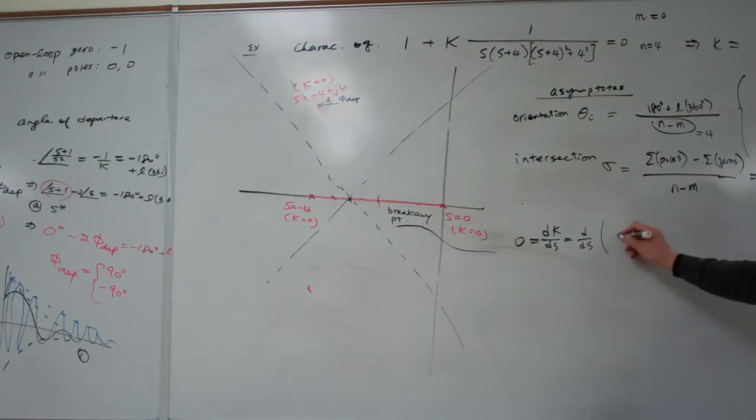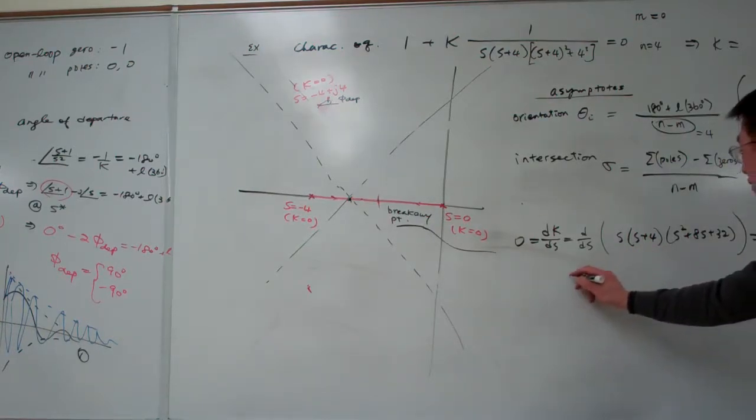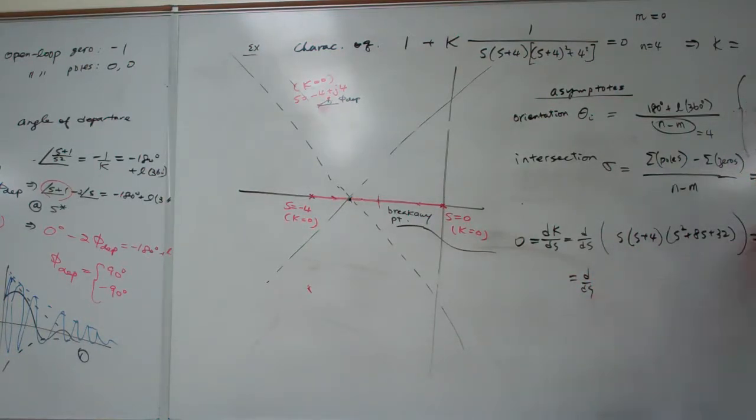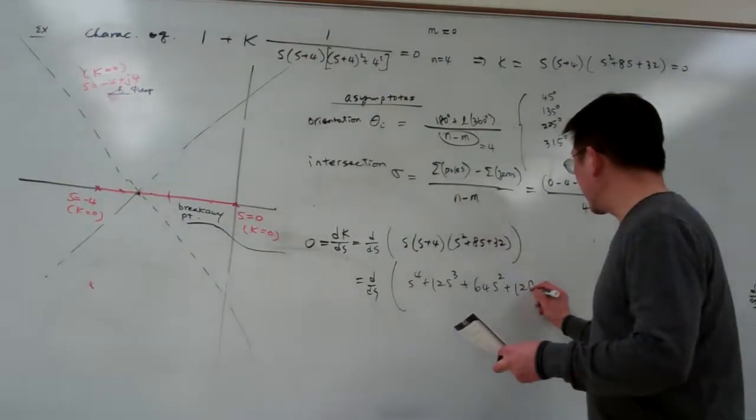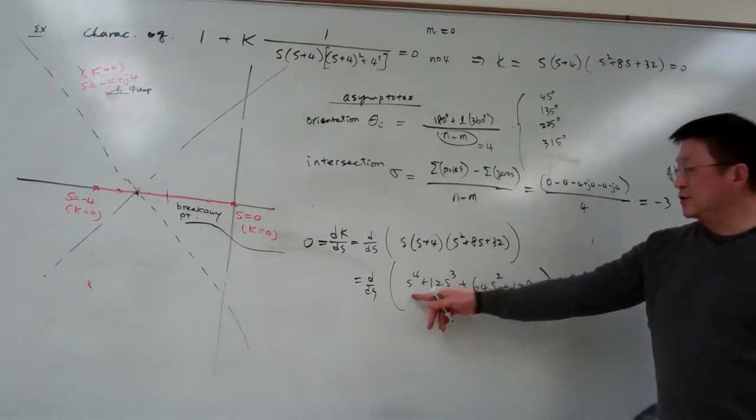So basically that is (s plus 4)(s squared plus 8s plus 32) plus k equals 0. You simply implement this one, expand it, and take the derivative.